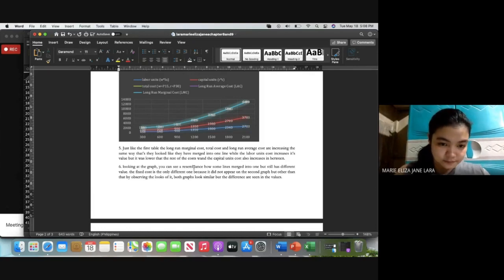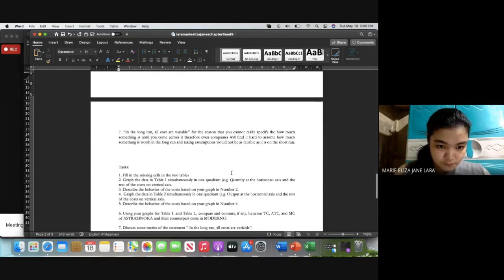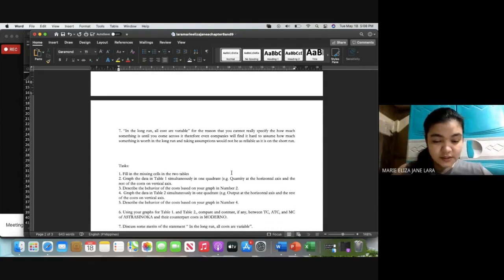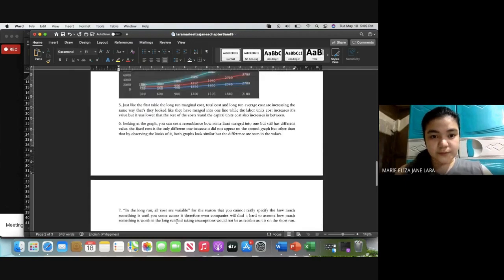Number six. The question for number six is, using your graphs for table one and two, compare and contrast, if any, between TC, ATC, MC of Astron Sinoca, and their counterpart cost in Moderno.